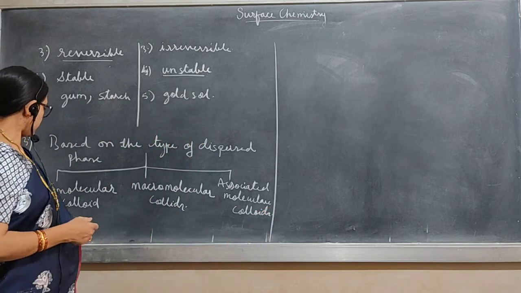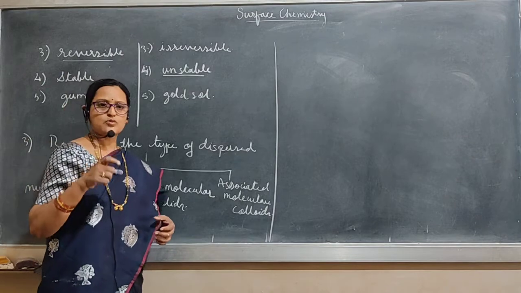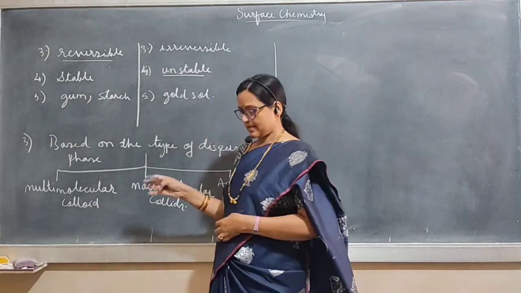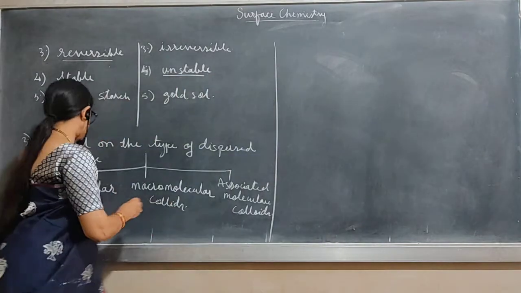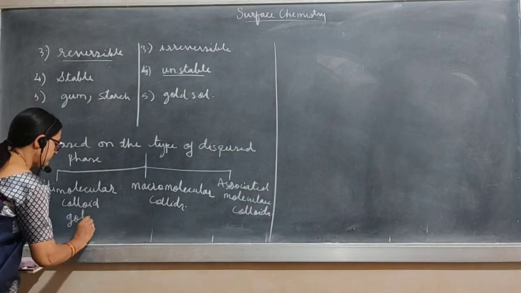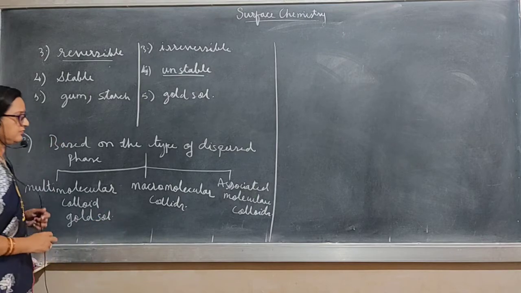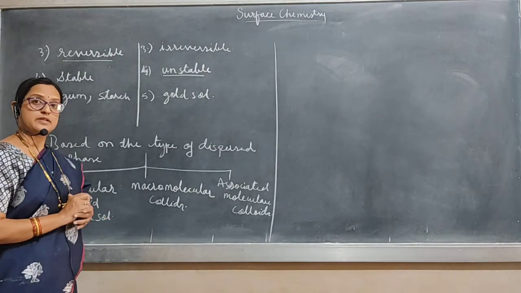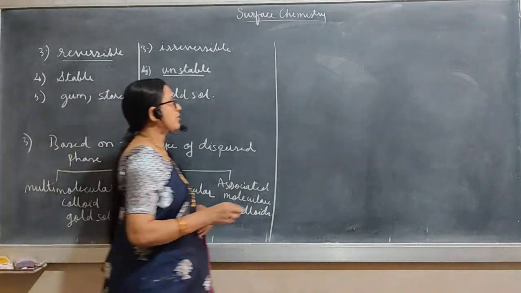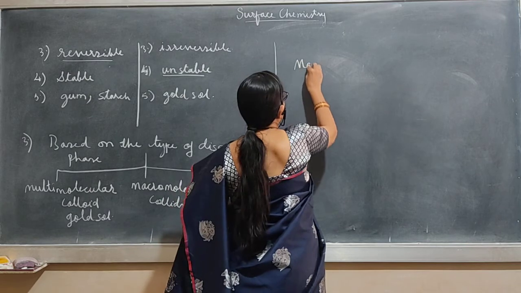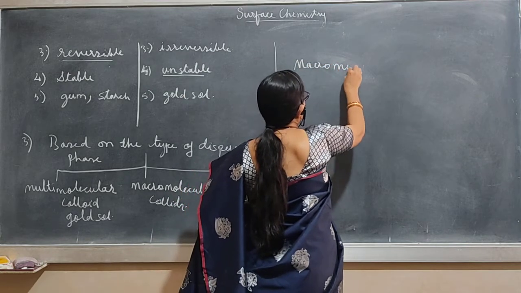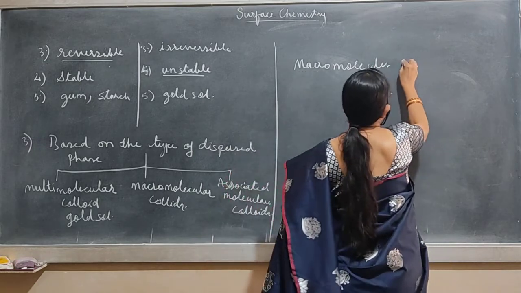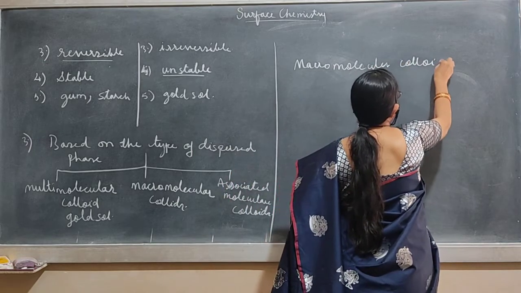What happens in multimolecular? The small molecules aggregate to form a particle of colloidal size. For example, you can take a gold sol. In macromolecular, these are already the size of colloidal particles. Here, in macromolecular, these are of two types.